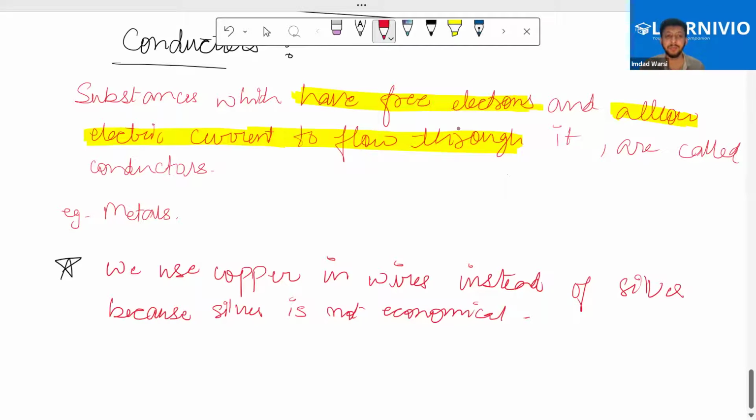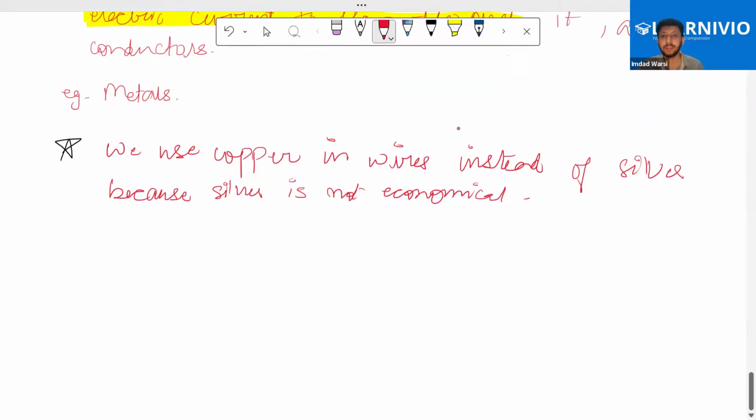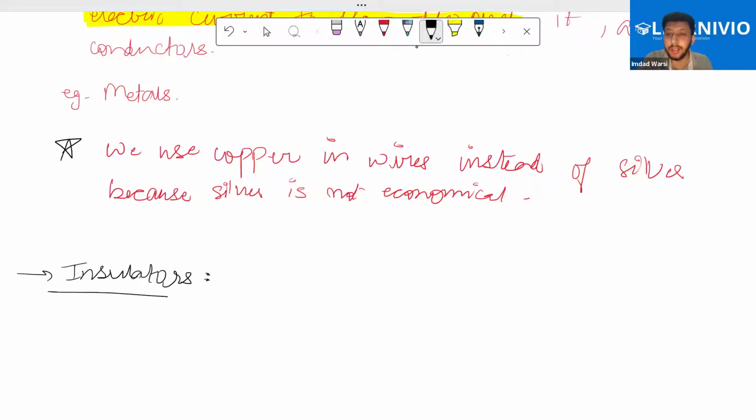Now, talking about insulators. Substances which do not allow electric current to flow through them are called insulators.